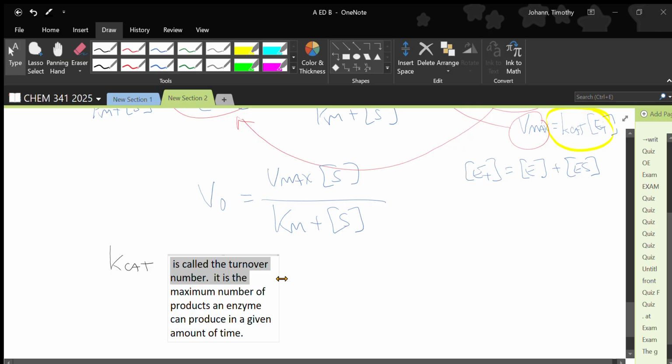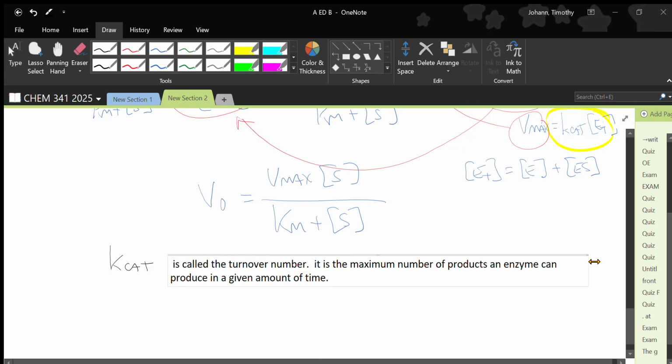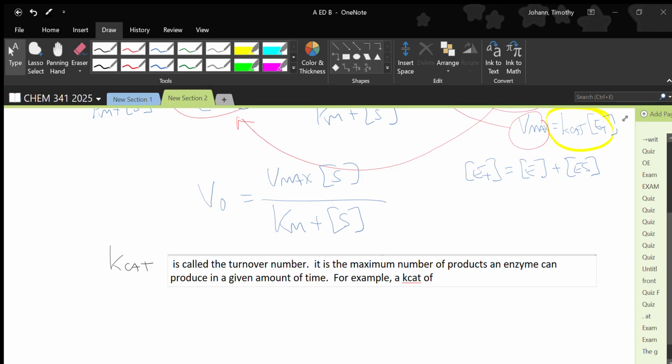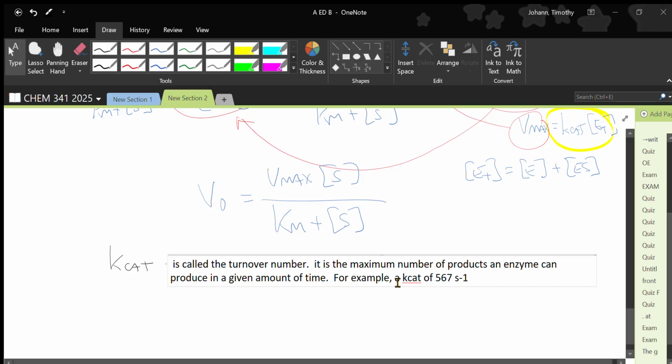All right, so this goes for if you have a single enzyme, you can think about this from the single enzyme perspective, okay? For example, a kcat of, let's say, 567 per second, and that would be our units on it.